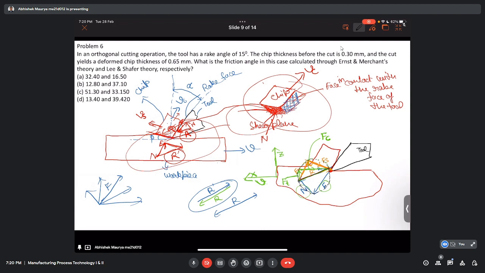This is the diameter, and all the other points will lie on the same circle, and this circle is called the Merchant circle. The Merchant circle is applicable only for orthogonal cutting. This Merchant circle can be drawn only for orthogonal cutting.